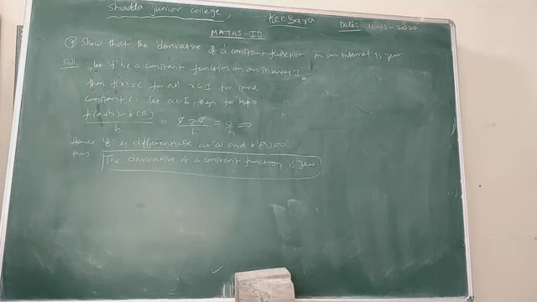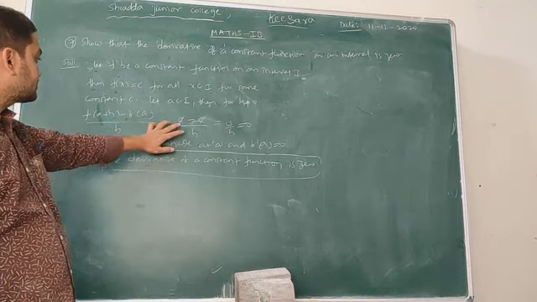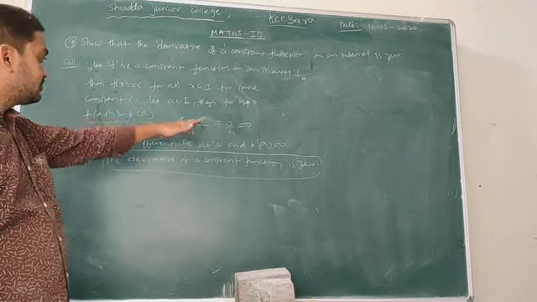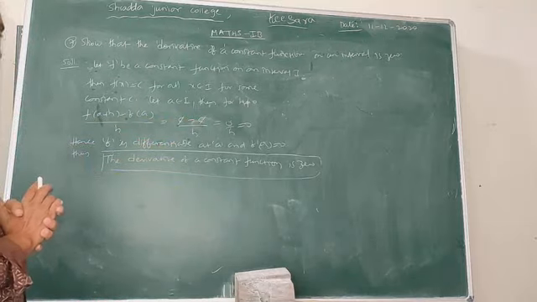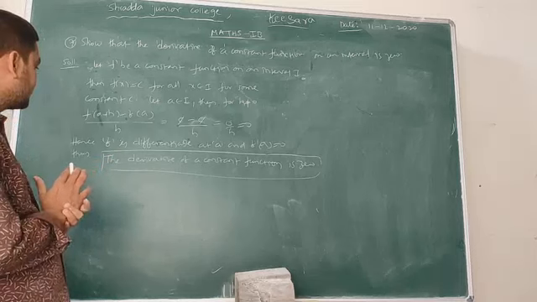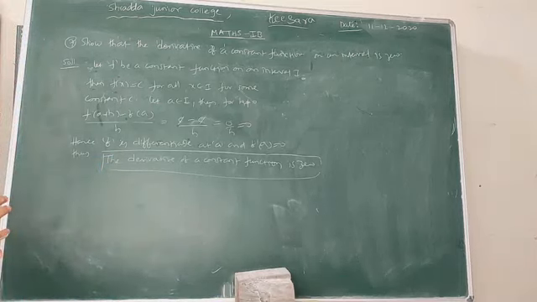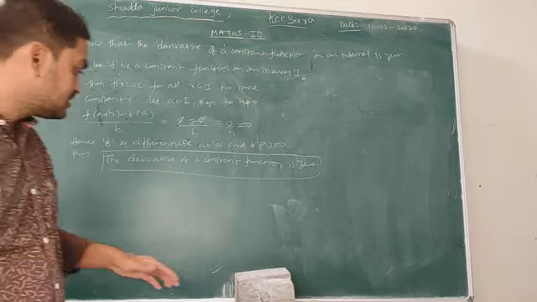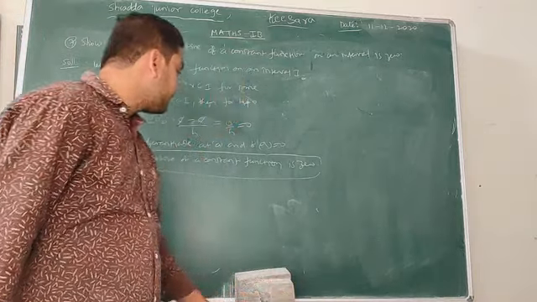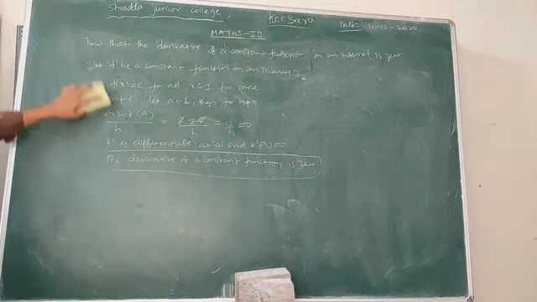F of a plus h equals c, minus f of a equals c, by h. The c minus c gets cancelled here. It is equals to 0. 0 by h equals 0. Since f is differentiable at a, f dash of a equals to 0. The derivative of a constant function is 0.